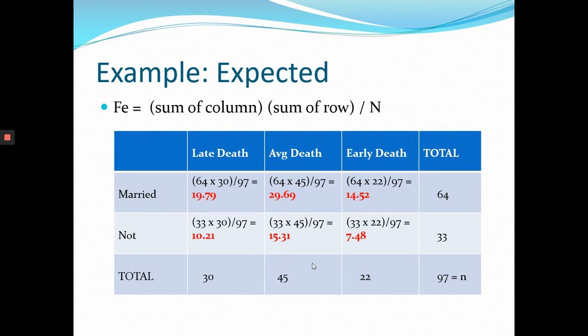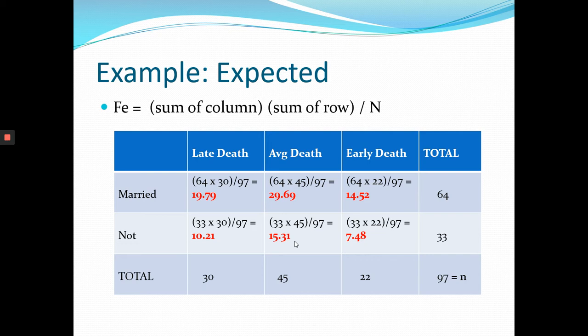So for here, not married, average death, we have 33 people who aren't married, 45 people who die in average death in our total sample. And so we multiply that, divide it by 97, the total number of people. The expected value is the number of people we would expect to be unmarried and die in average death based on just our total number of unmarried people and average death people in our sample. So we would expect 15.31 people to be here.